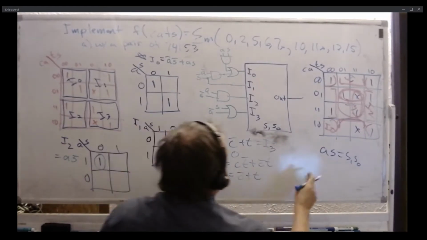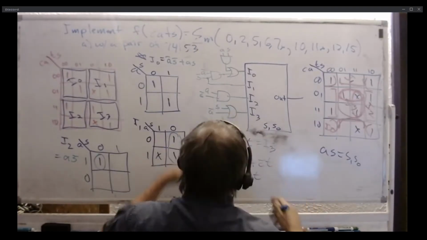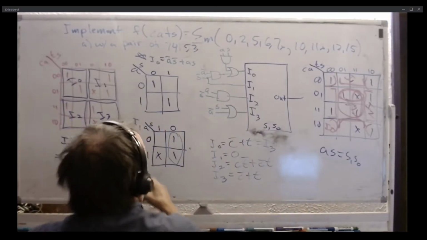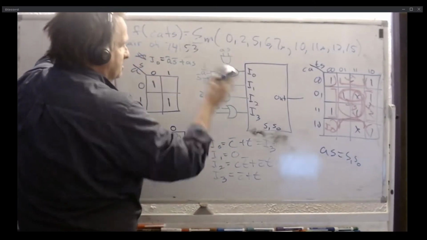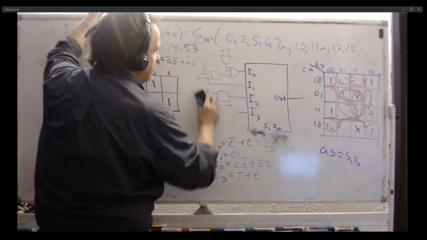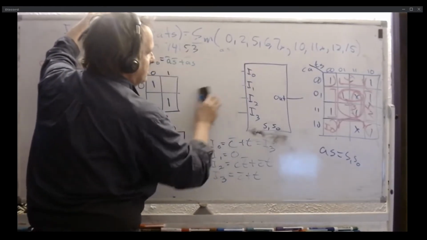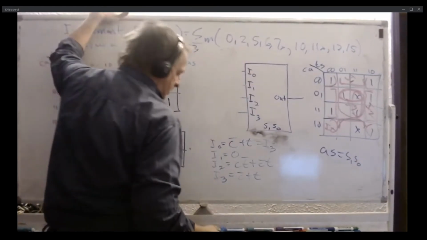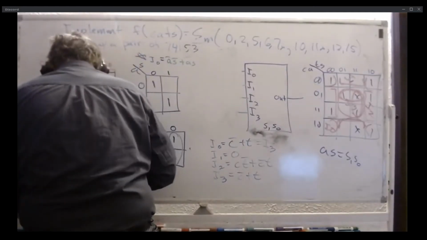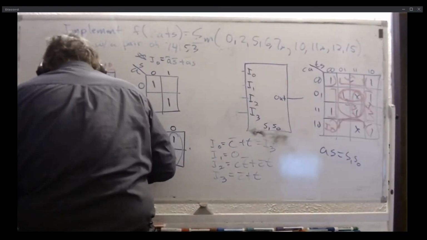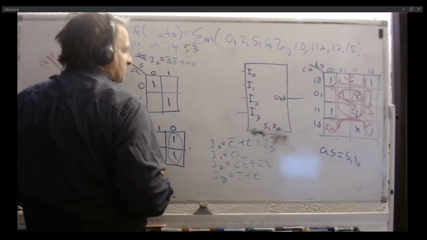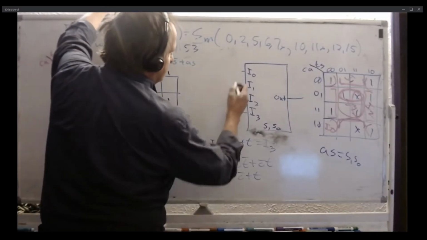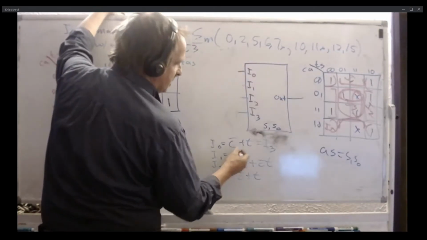So if we're implementing this, can I get rid of our implementation up here? Okay. What we would end up with, guys, this is time well spent because we ran into a situation that we haven't seen before. What's I0? How do we generate I0? Don't we need an OR gate?